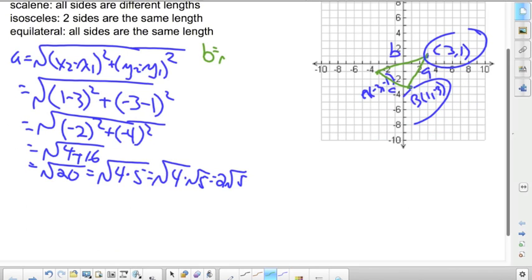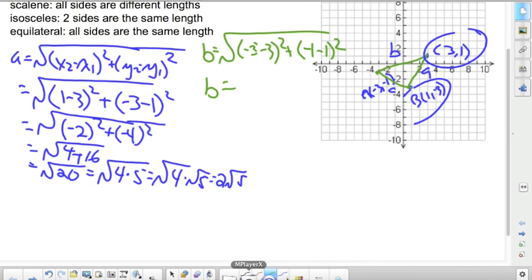So b is equal to the square root. You good with this? I don't need to do this, go straight to the lesson. So we got -3 squared plus -1 minus 1 squared.